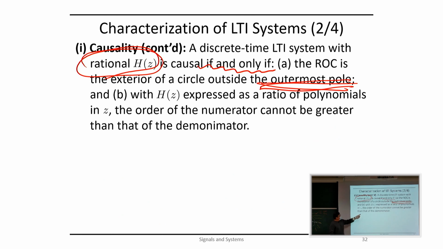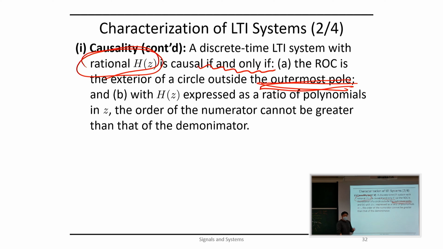Because if you have a numerator polynomial that has degree larger than the denominator polynomial, the order of z in the numerator is larger than the order of z in the denominator, then as z goes to infinity, this thing blows up. So if the order of the numerator is larger than the order of the denominator, then infinity will not be in the ROC.